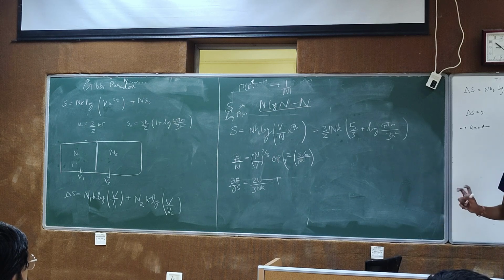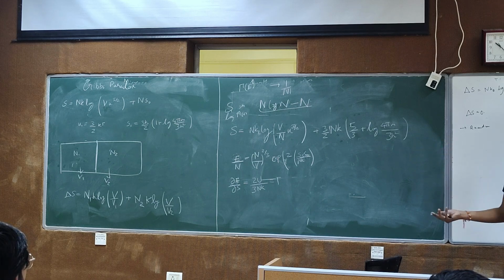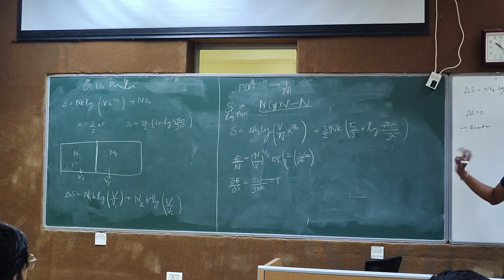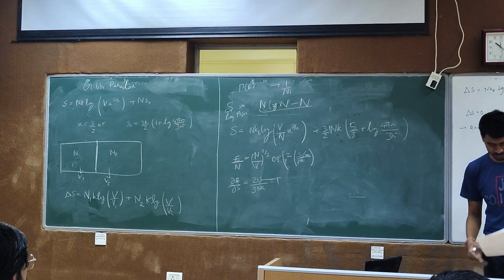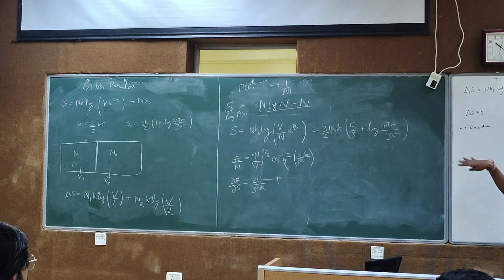So these are identical particles. But classically, these are distinguishable. Only quantum mechanically you can say these are identical, and changing these doesn't change the wave function of the system.